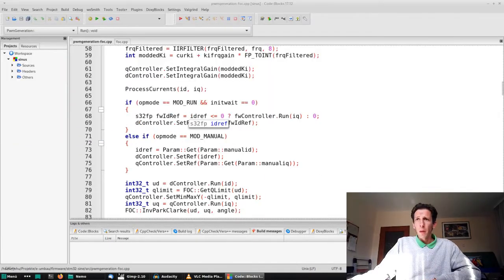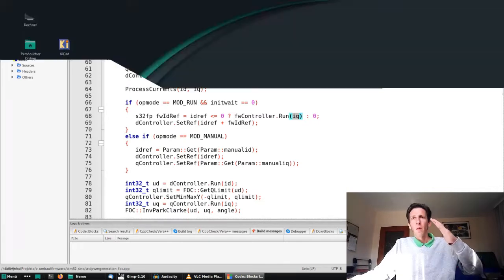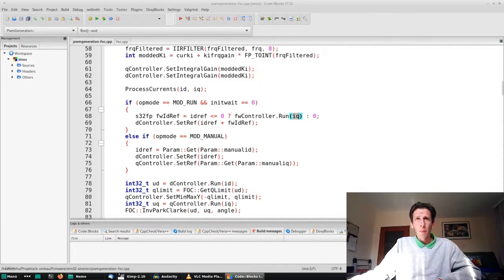Basically this is another controller that tries to reach the control target for the quadrature current. If the actual Q controller, that one, maxes out, this controller will step into action and do the field weakening, so we still are able to reach our target here.